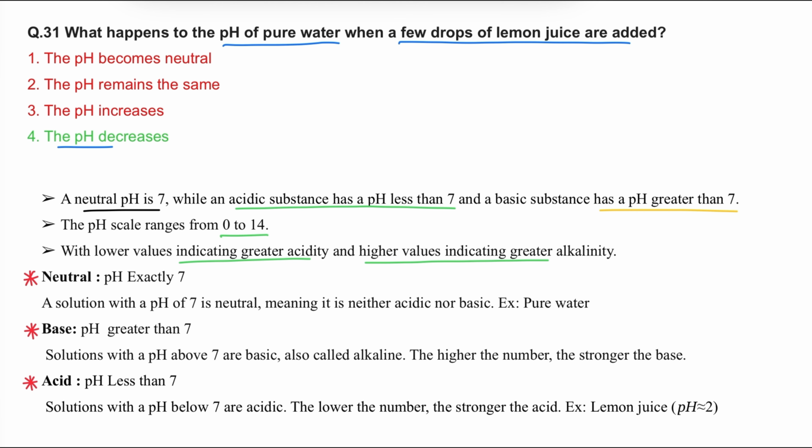For a neutral solution, pH is exactly 7, meaning neither acidic nor basic. Example is pure water. For acidic substance, pH is less than 7. Lower the number, stronger the acid. Example is lemon juice. For basic substance, pH is above 7, which are alkaline. Higher the number indicates the stronger the base.